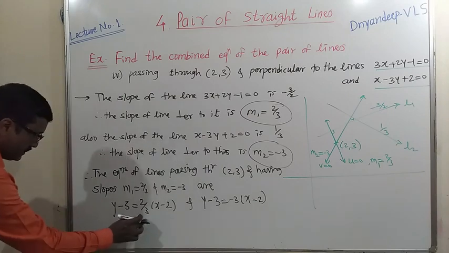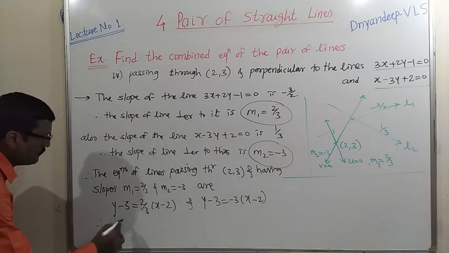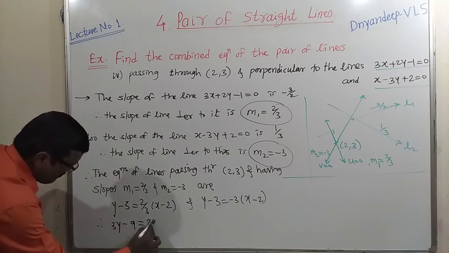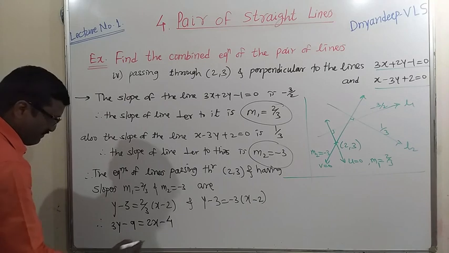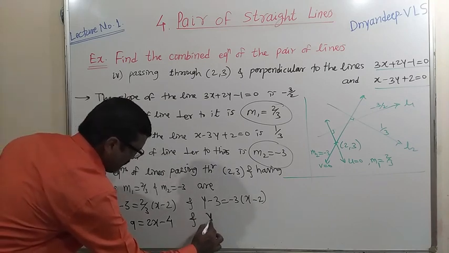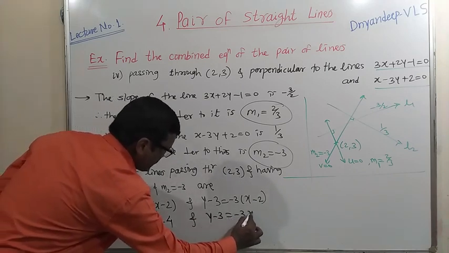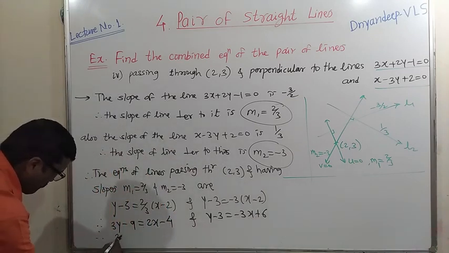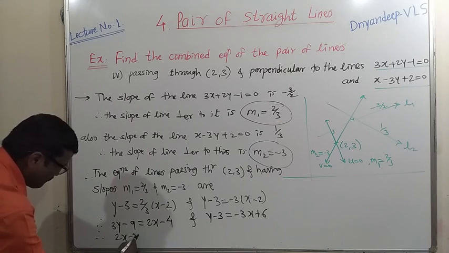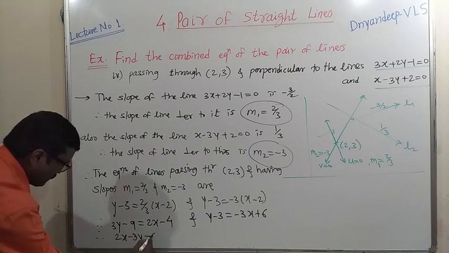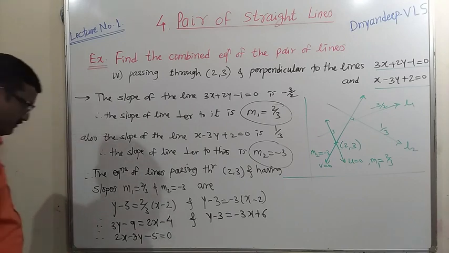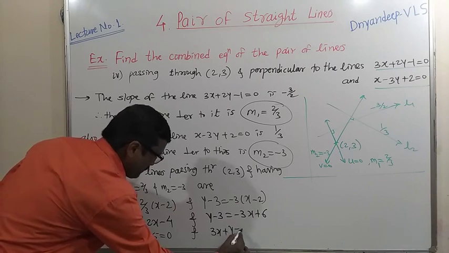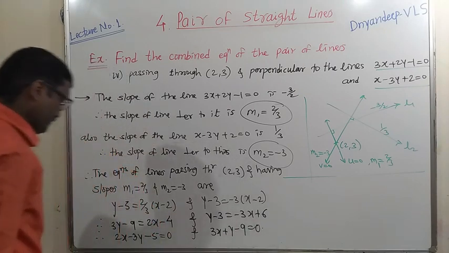Let us simplify this. Therefore, we get here 3y minus 9 equal to 2x minus 4, and here we get y minus 3 equal to minus 3x plus 6. After simplification we get 2x minus 3y minus 5 equal to 0 and the second equation will be 3x plus y minus 9 equal to 0.